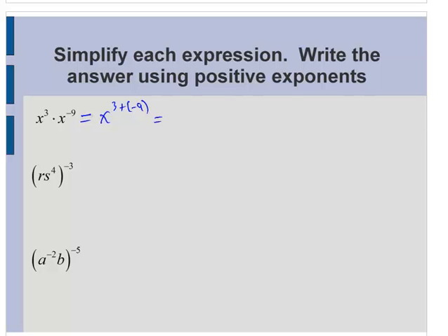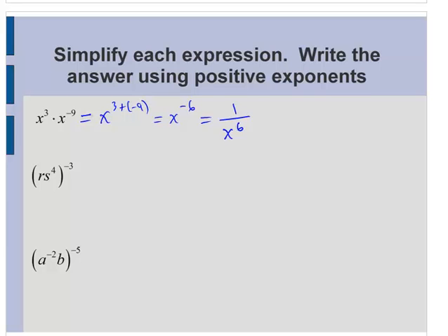So that would be x to the negative sixth. However, we are asked to write the answer using positive exponents. x to the negative sixth is the same as the reciprocal of x to the sixth. And so we would write 1 over x to the sixth, and this is simplified.